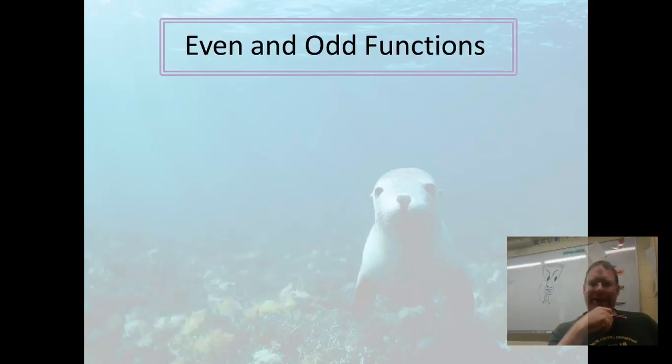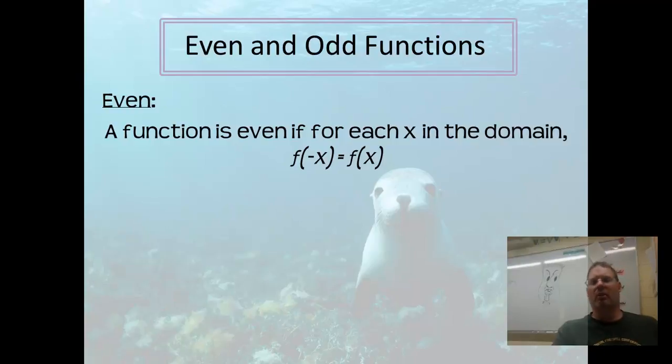As you went through that, you may have noticed some little shortcuts that help you determine whether or not a function was symmetric about the y-axis. And I hope that you did, because this section will kind of address that. First of all, an even function is a function where for each x in the domain, f of negative x is equal to f of x.